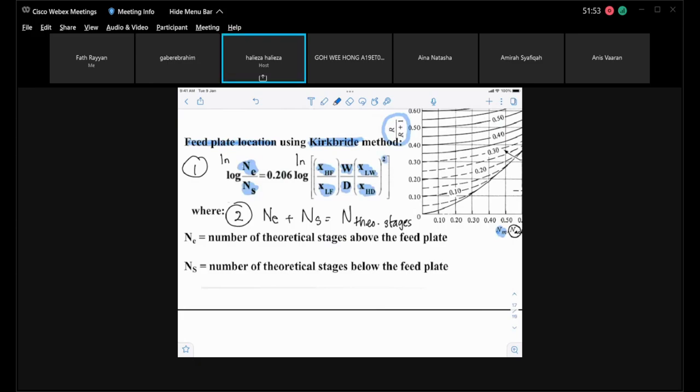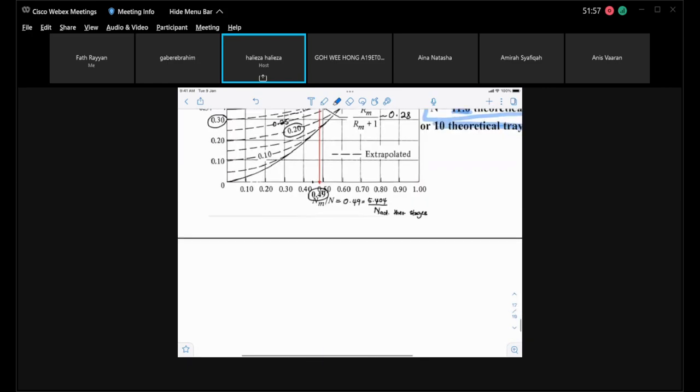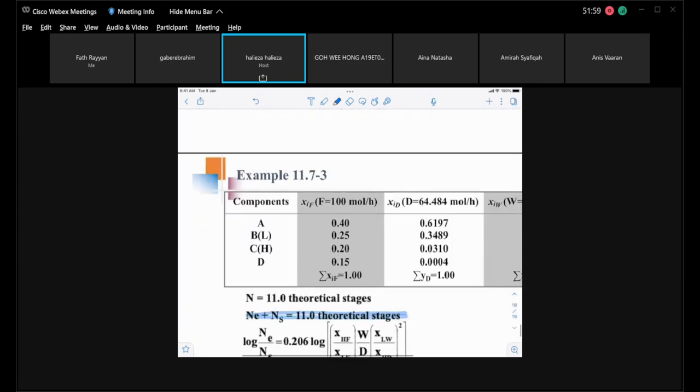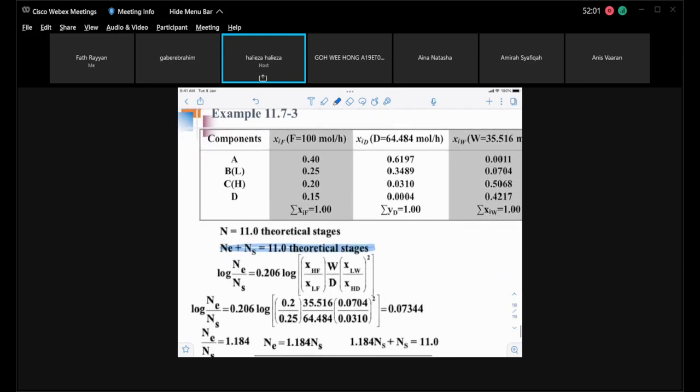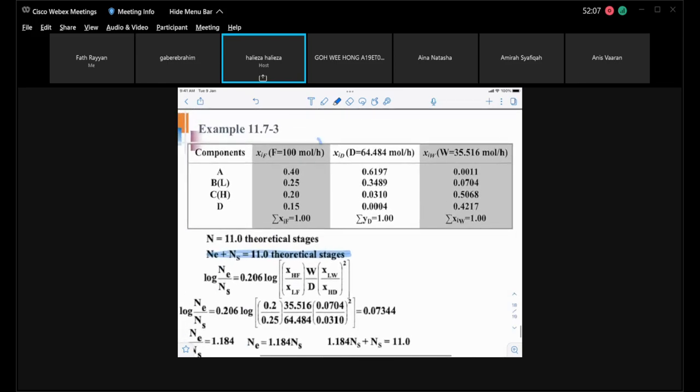And so we will look at this example. We will apply the two equations for this example. The example is 11.73, a continuation of example 11.72. Remember, this first column is the composition of your feed. This is the distillate composition. This is the bottom product composition, together with the flow rates.